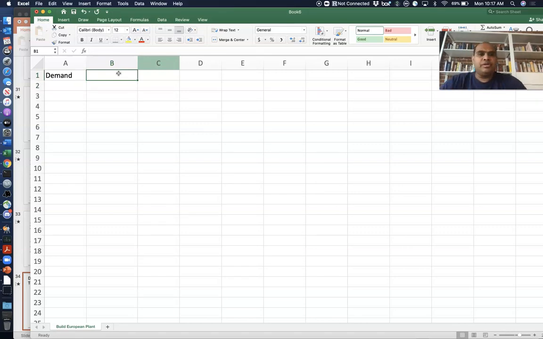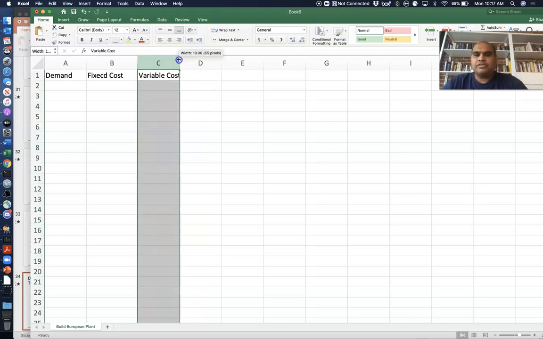So we need to know what demand is. Then we have the fixed cost and variable cost, right? The fixed and variable cost. I think we are fine.